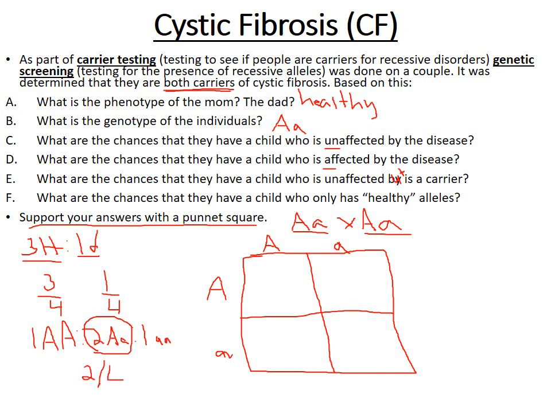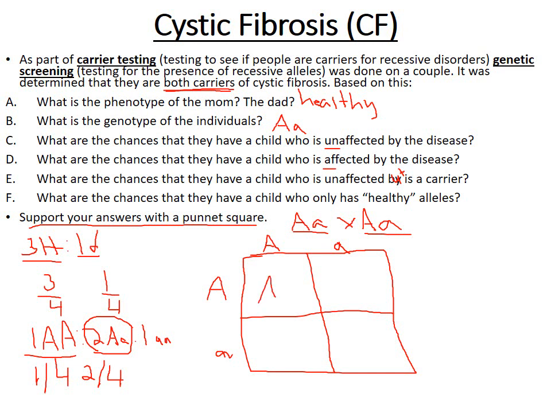What are the chances of having a child who only has healthy alleles? Well, that would be 1 out of 4 chances. So you could have solved that using your ratios. In a multiple choice, that would be extremely useful, so it would save you a lot of time and you wouldn't have to draw Punnett squares. But in this case, we are asking you for a Punnett square.